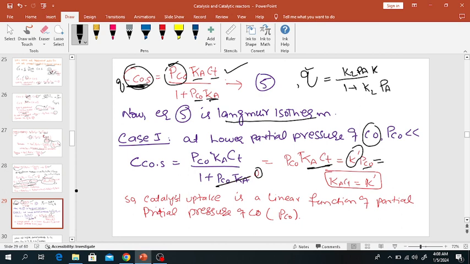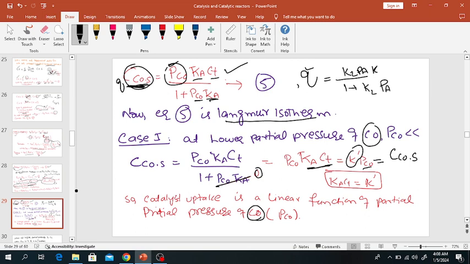And this is equal to the carbon monoxide uptake of the catalyst. So the carbon monoxide uptake will be equal to K prime times the partial pressure of carbon monoxide. Here you can see that the catalyst uptake is a linear function of the partial pressure of carbon monoxide.